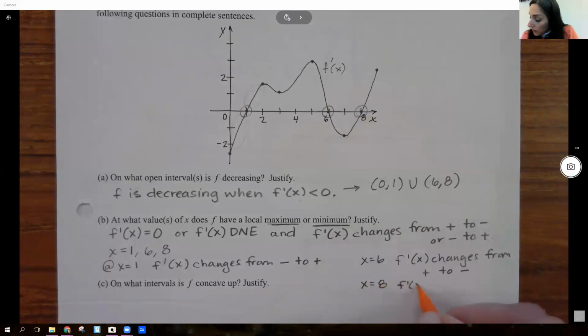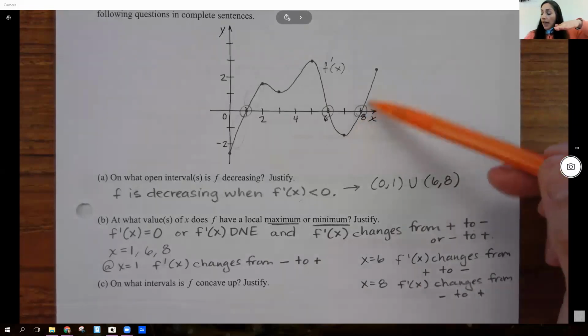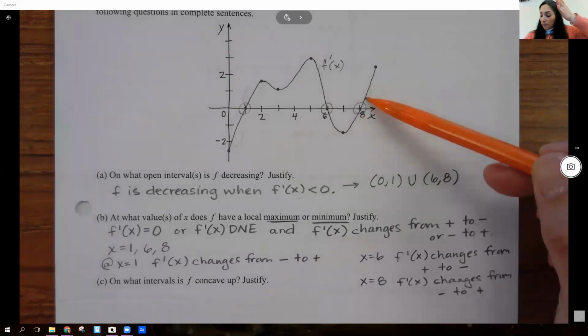And then at 8, the first derivative changes from negative to positive. So you had a negative slope approaching 8. At 8, it was flat. And then after 8, it's positive again. So it goes back up. Okay.